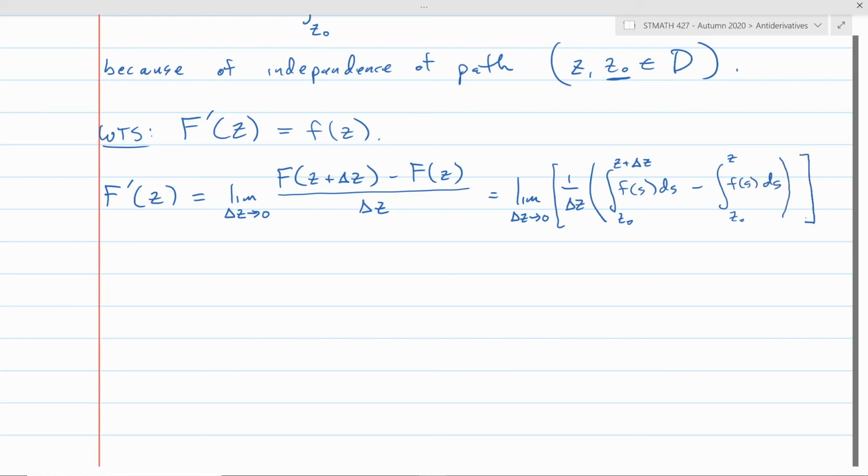Now, one thing we need to understand about that delta Z is that it has to be sufficiently small so that Z plus delta Z stays inside our domain.